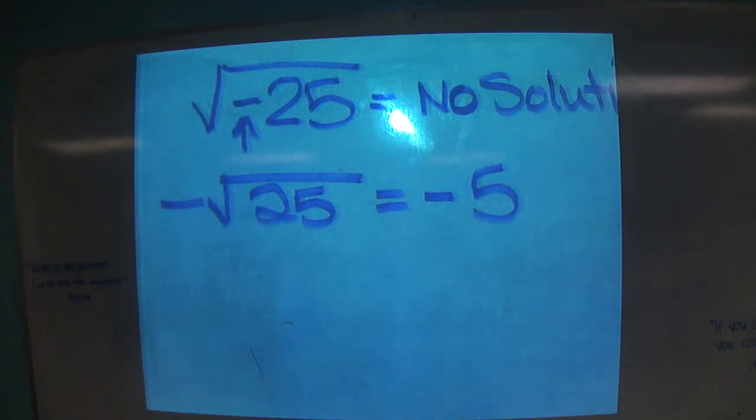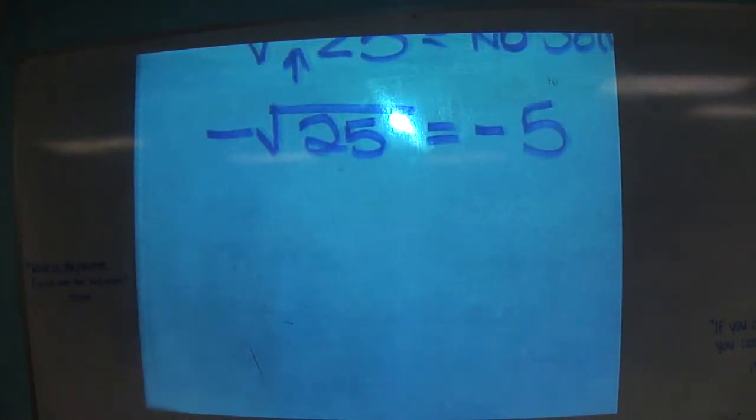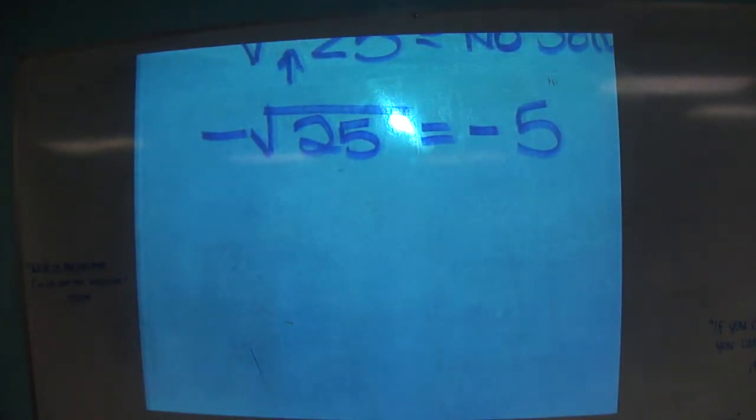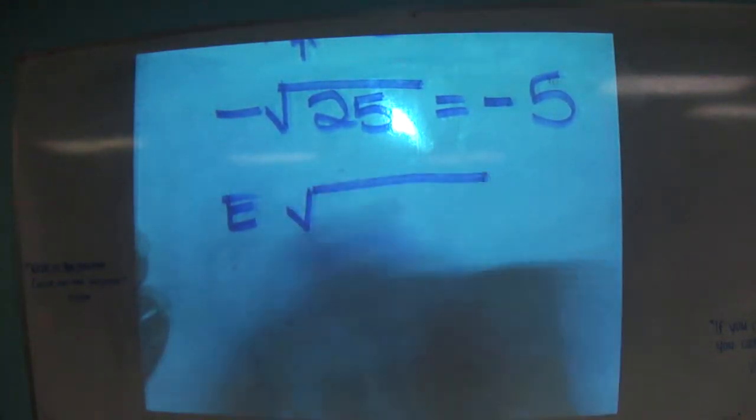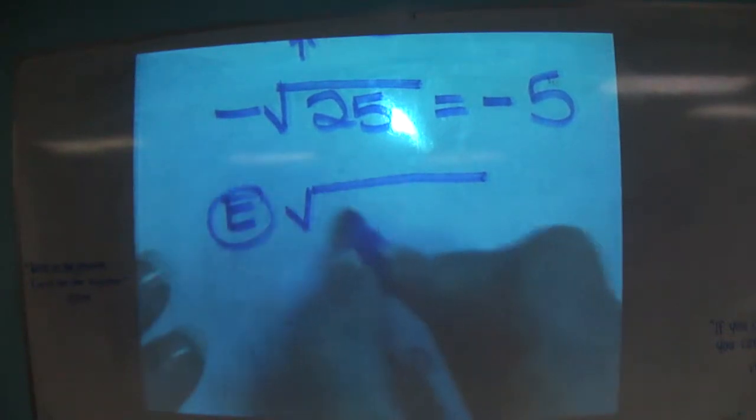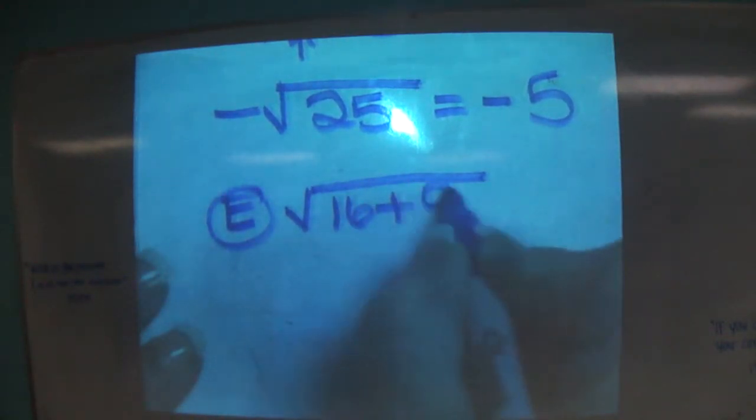Perfect. Remember, absolute value is a grouping symbol, so you have to do what's inside first. A square root sign is a grouping symbol just like absolute value. So let's look at this one, E. The square root of 16 plus 9.